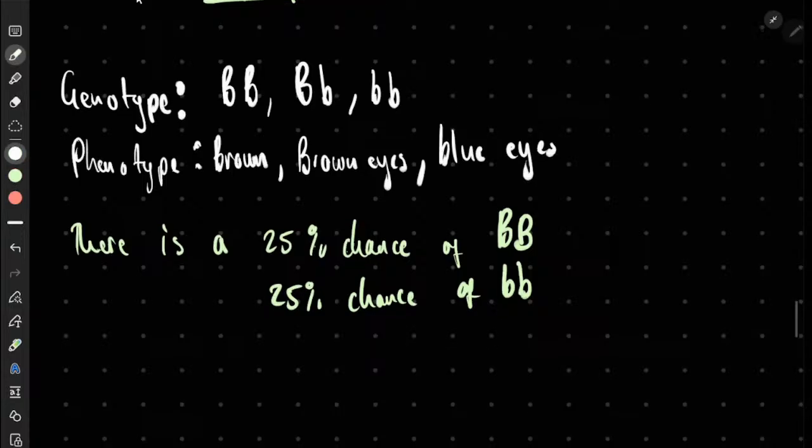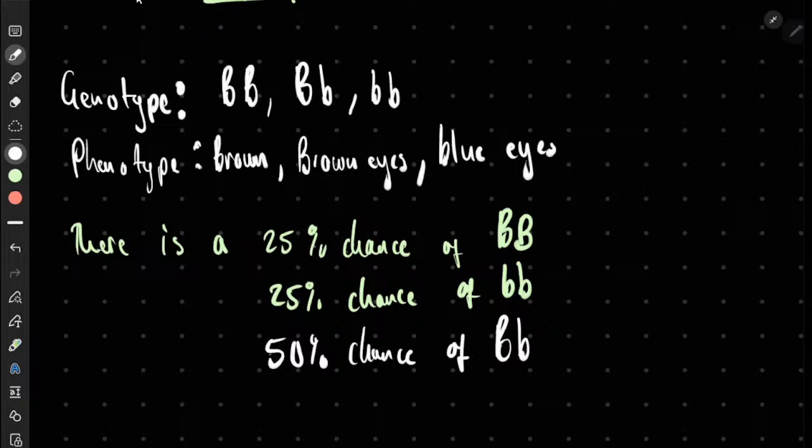And there's a 50% chance of getting a big B, small b, because there are 2/4, which is half, which is a 50% chance.